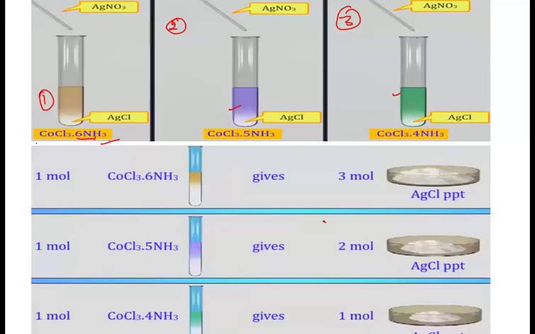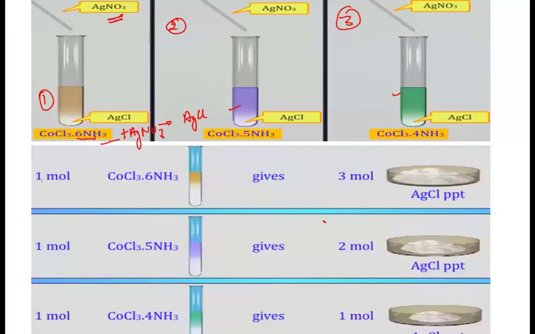Now let us focus on the first one, CoCl3.6NH3. When a small amount of AgNO3 was added to this complex, it was found that on treatment with AgNO3, it gives precipitates of AgCl.